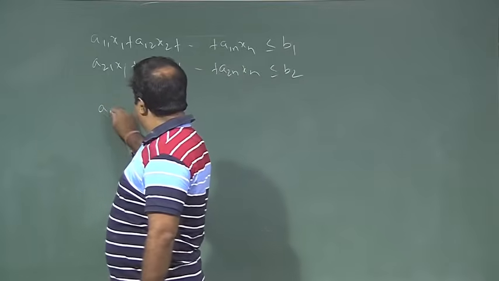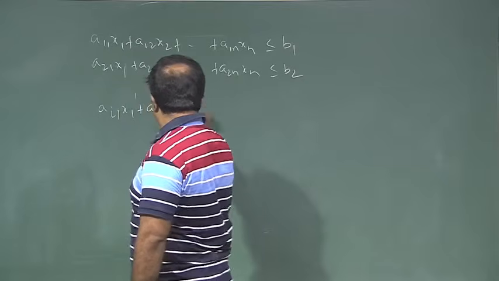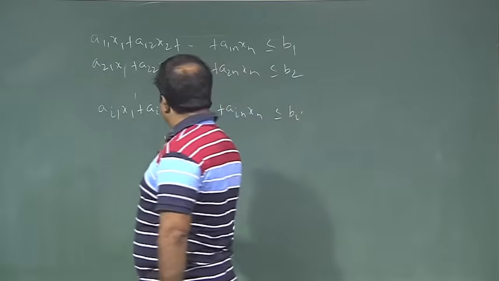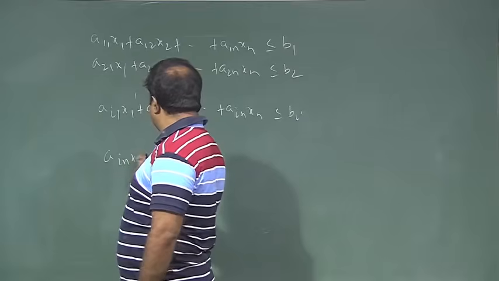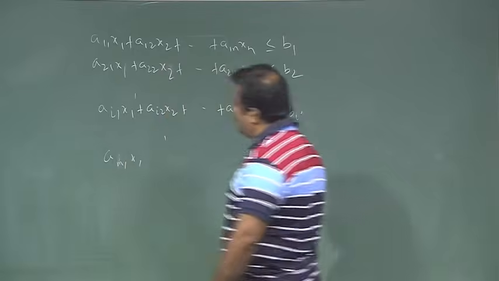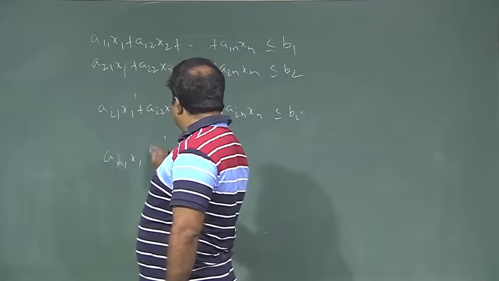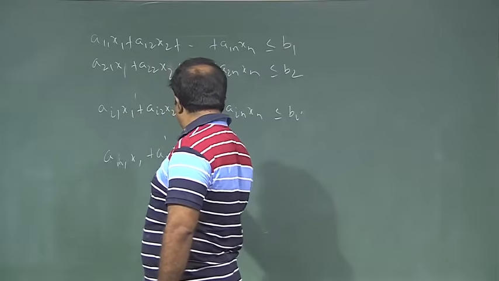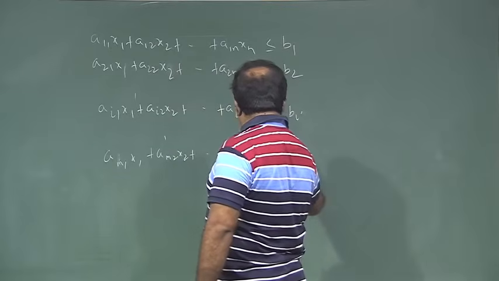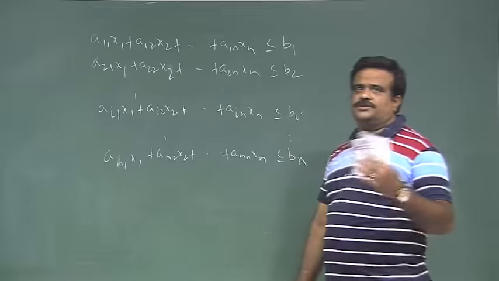The ith constraint is ai1 x1 plus ai2 x2 plus up to ain xn less than or equal to bi, and so on. If there are m such linear constraints, the last one is am1 x1 plus am2 x2 plus up to amn xn less than or equal to bm. So this is a given system of linear constraints.